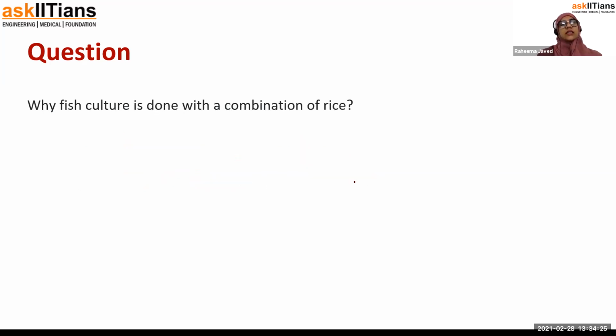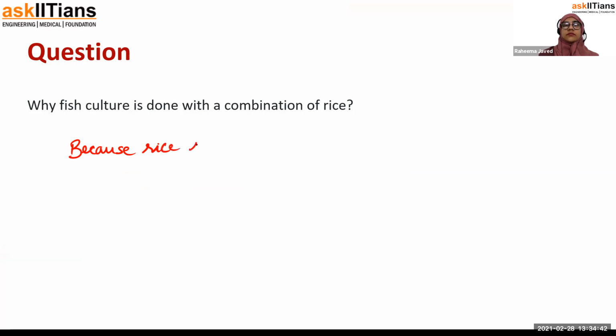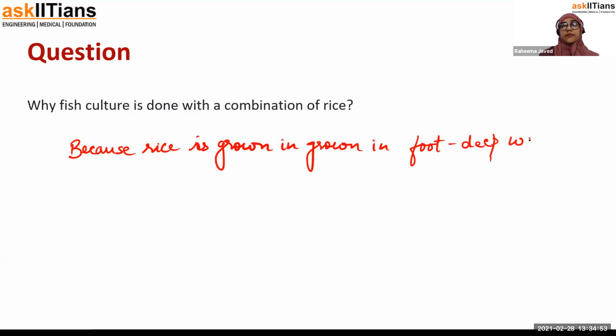Then the next question is why fish culture is done with a combination of rice. This is because, like I said, rice is grown in foot deep water.